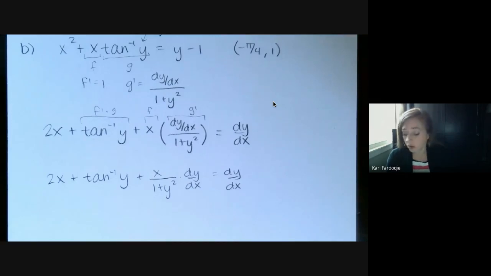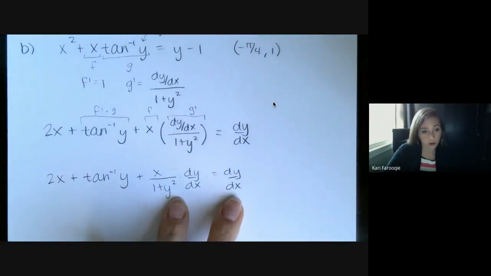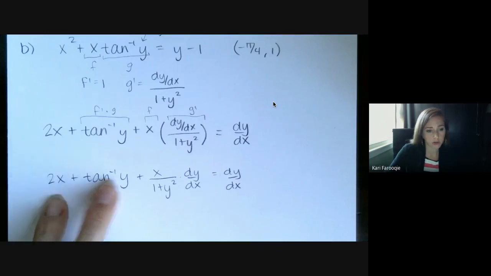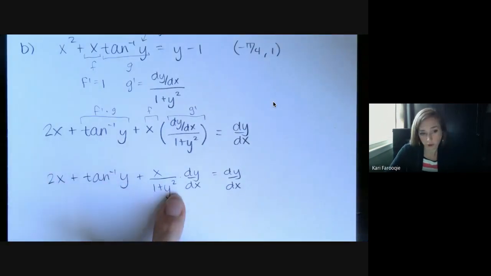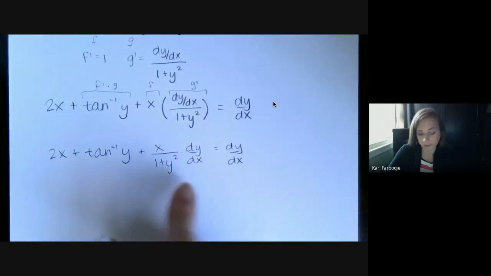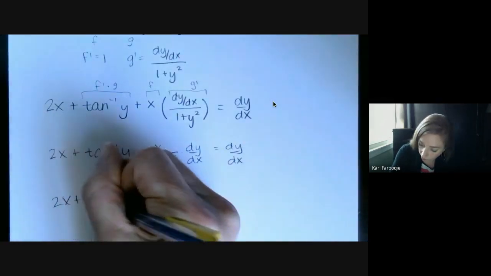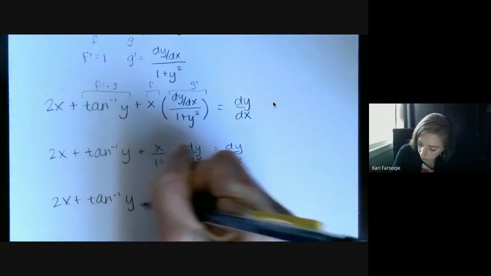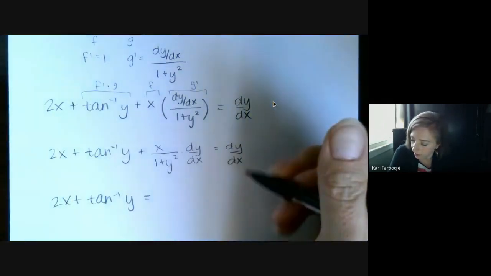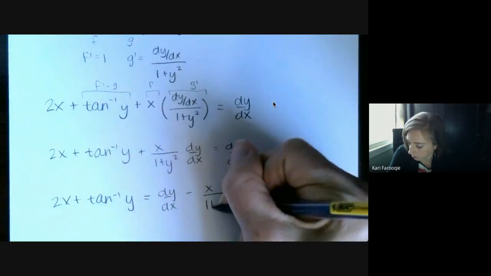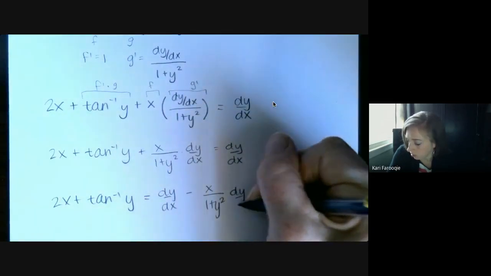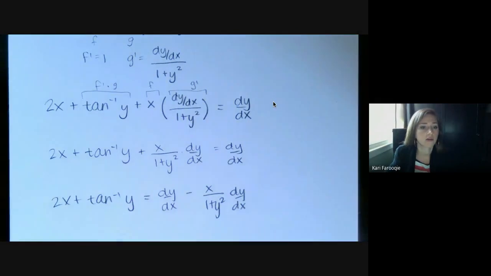But now we can see that we have two dy dx terms and two non-dy dx terms. So I'm going to leave the two non-dy dx's on the left, and I'm going to move this one over to the right. So 2x plus the inverse tangent of y equals dy dx minus x over 1 plus y squared dy dx.